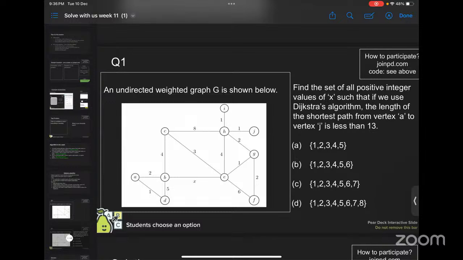Just try to apply Dijkstra's algorithm. Hope you remember the algorithm, right? Or else any one of you can unmute yourself and briefly describe the algorithm.